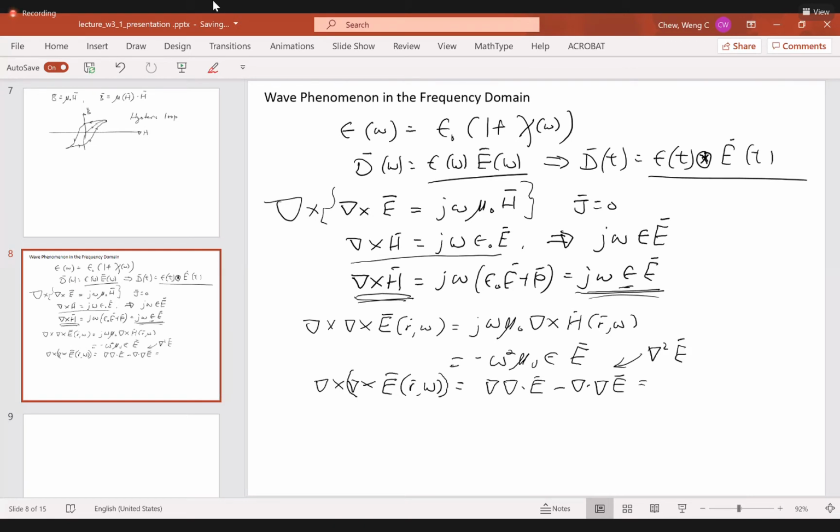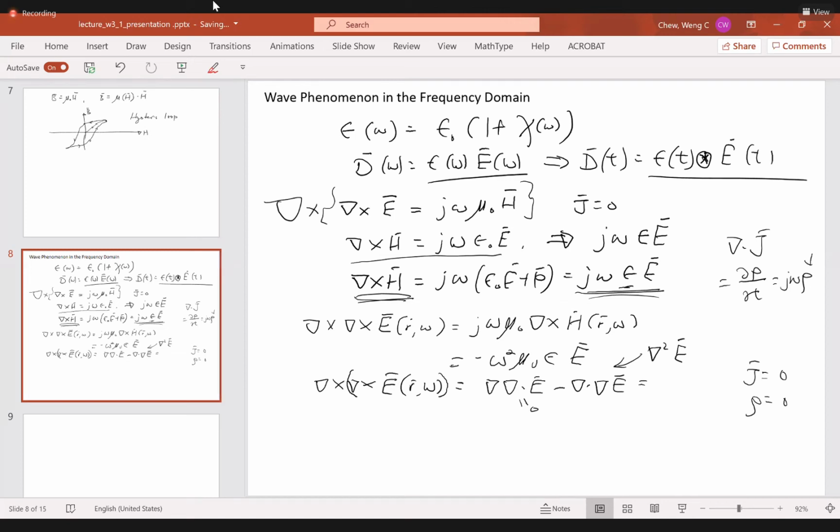We can assume that the medium is source-free. J is equal to 0. So charge is equal to 0, because we know the divergence of J is minus d rho dt, and in the frequency domain, it's just j omega rho. Since J is 0, rho is equal to 0. So divergence of E is equal to rho over epsilon, and then it should be 0.